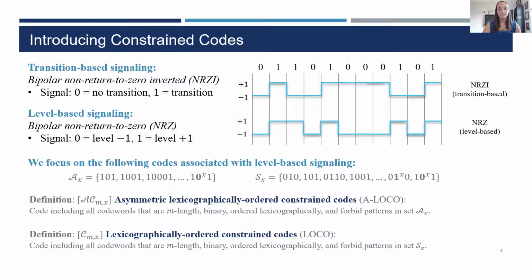These codes have two key parameters, X and M. X defines that forbidden set within AX and SX, and M is going to be the length of the codes for A-LOCO or LOCO. A-LOCO finds primary application in flash memory, where you want to avoid high, low, high charge levels on cells adjacent to each other, whereas LOCO finds application in magnetic recording devices and communication over transmission lines.